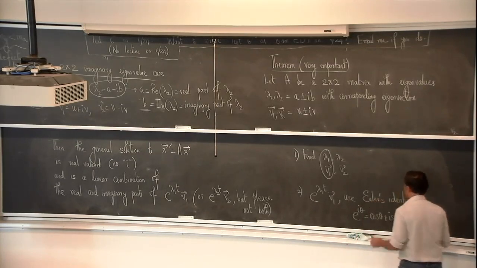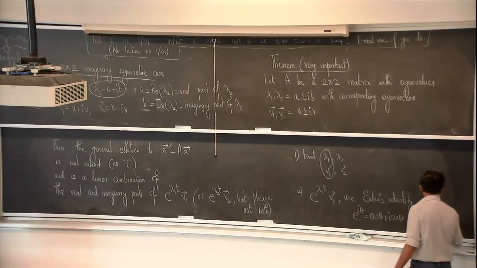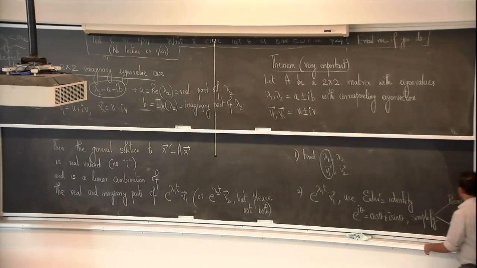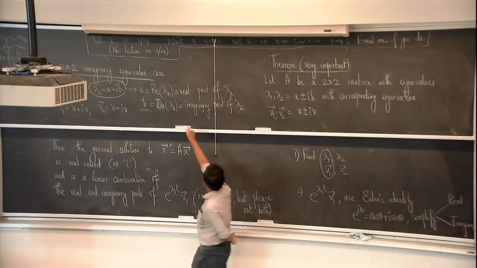So that takes some time, not a lot. You have to do some algebra there, and then separate the real and imaginary parts. We have two functions here, the real function and imaginary function, which are both independent of I, because the I is left behind when you write the imaginary part.